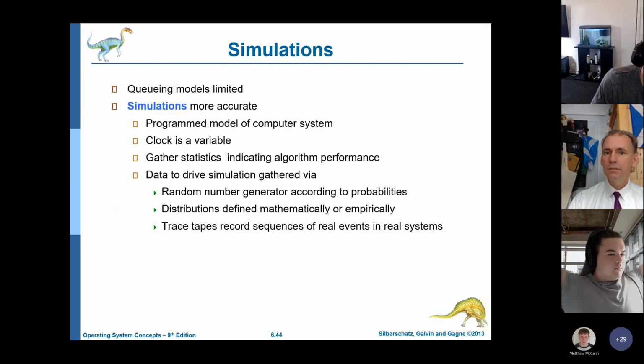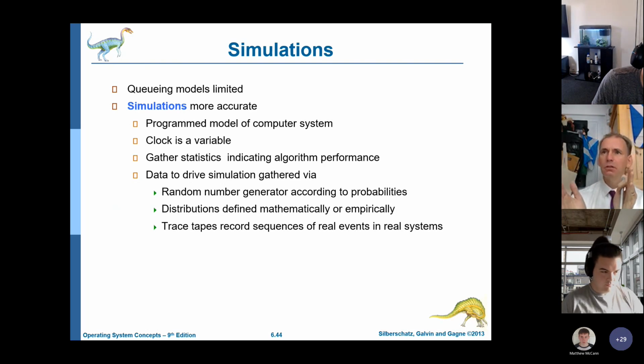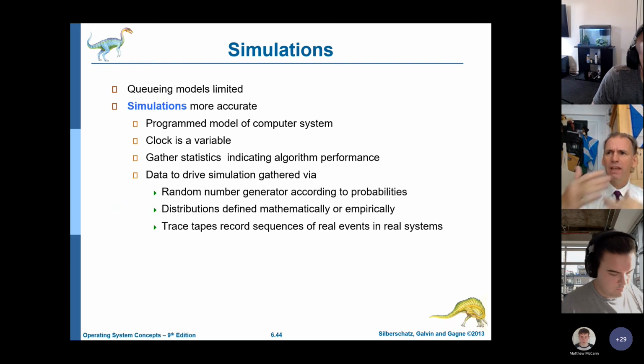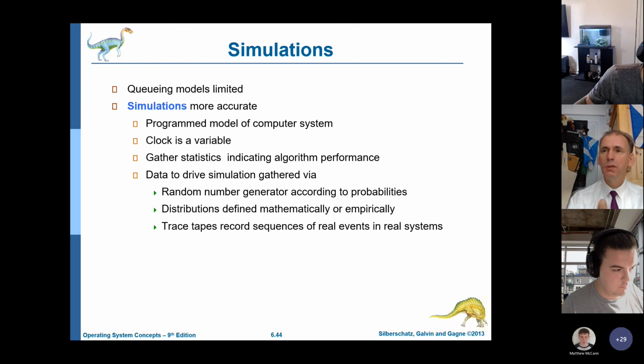We could, of course, simulate what goes on. How are we going to simulate it? Well, we could get a bunch of random processes. We just get a random number generator and go bang, bang, bang, bang, bang. Random's not wonderful, of course, because what are the parameters for randomness? How long should they be? What's the mix of jobs between 0 and 10, between 10 and 20, between 20 and 30 time quantums? So maybe we can gather that evidence beforehand. Maybe we can get statistics from typical systems.